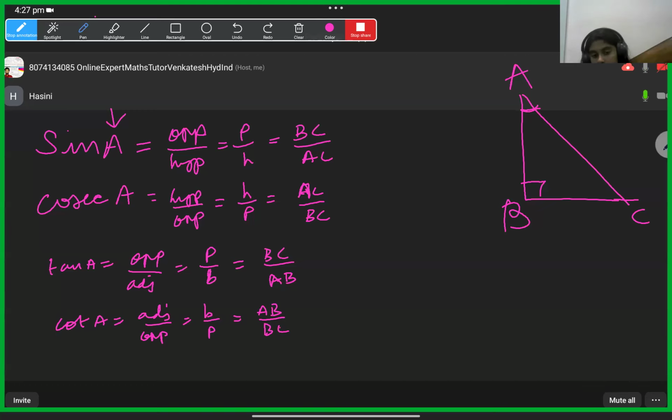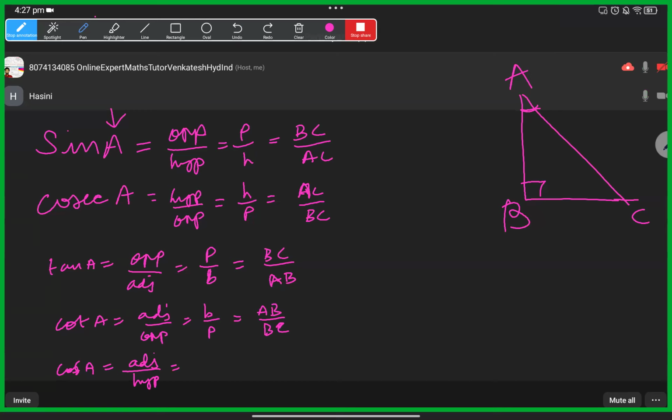Any doubt? No doubt, sir. Okay. Now finally, cos A is equal to adjacent by hypotenuse, which is AB by AC, base by hypotenuse.